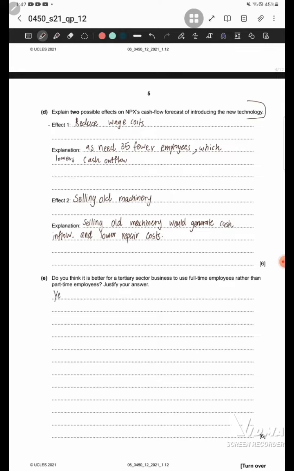So you start with yes, I think using full-time employees is better than part-time.